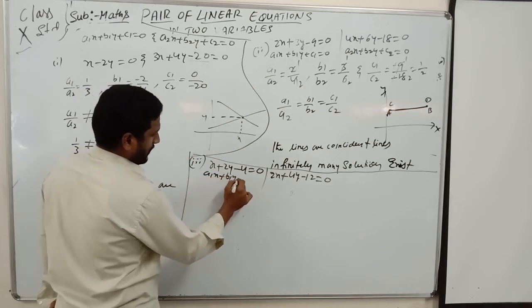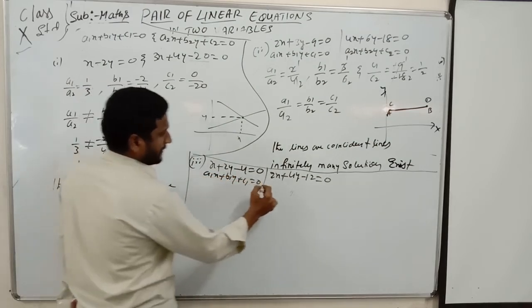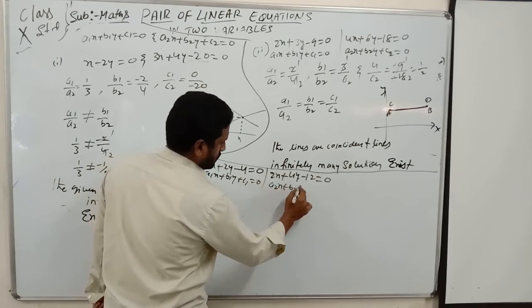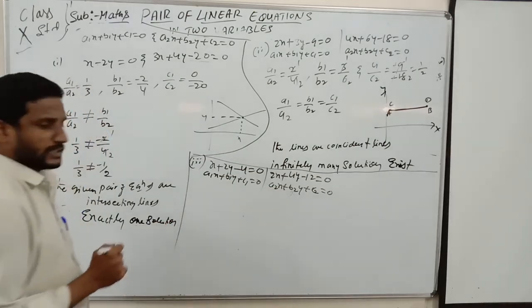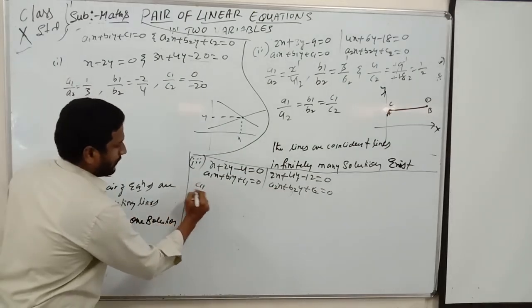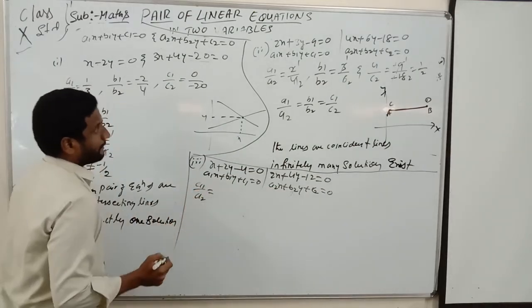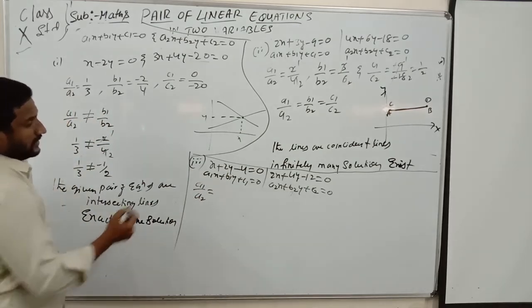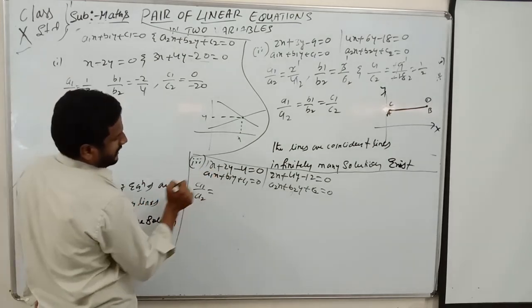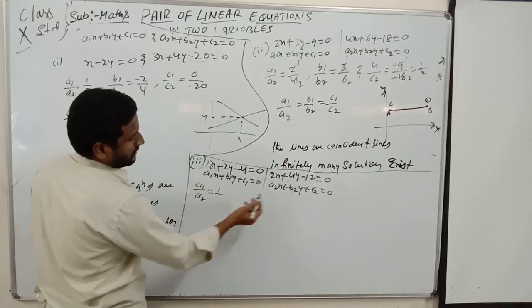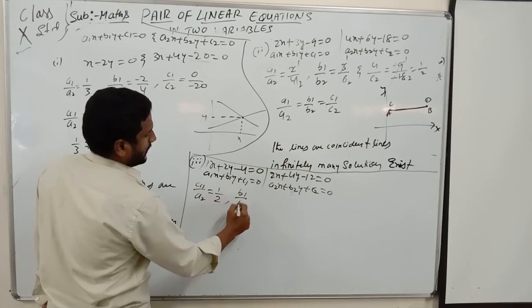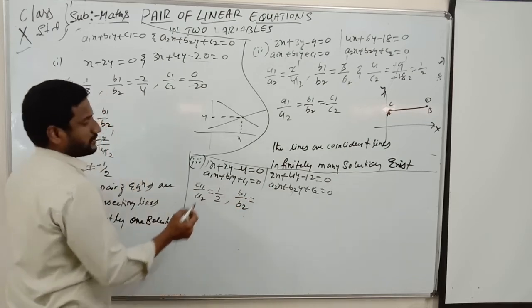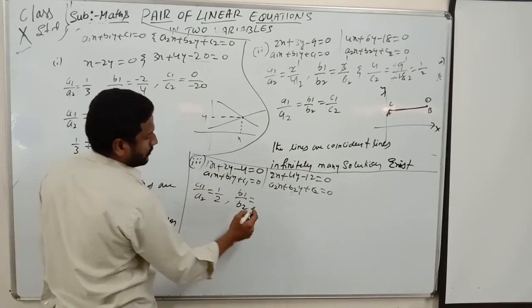a1x plus b1y plus c1 is equal to 0, and a2x plus b2y plus c2 is equal to 0. Write the ratios. What is a1 by a2? a1 value is 1. What is a2? a2 value is 2. Next, b1 by b2. b1 is the coefficient here, 2.